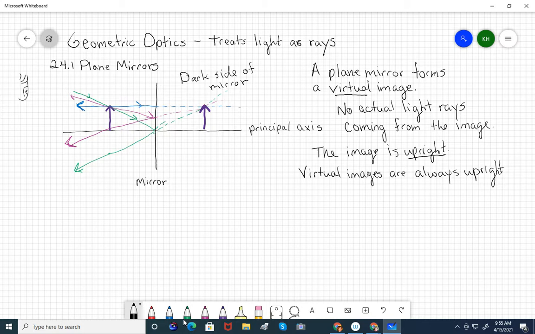We'll also notice that for plane mirrors, the image distance is equal to the object distance.